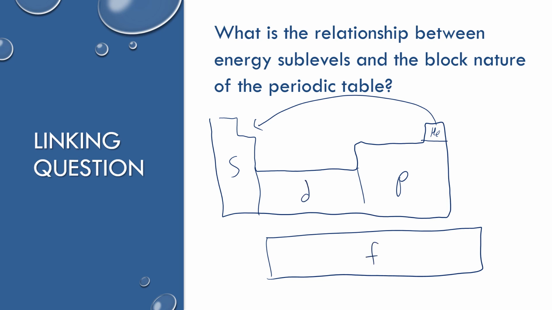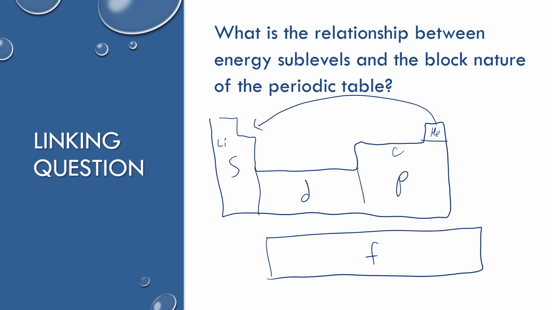And we call them that because the outermost electron of the particular atom is going to be in that orbital. So like lithium here, its valence electron is in the 2s orbital, whereas carbon here, its valence electrons are in the 2p orbital, or 2p sublevel.